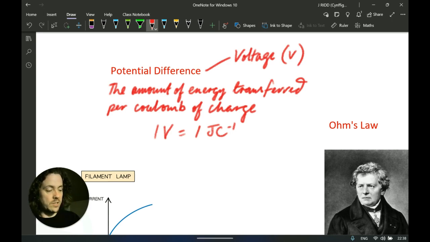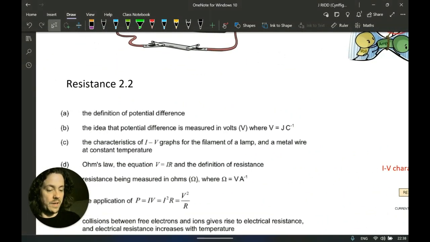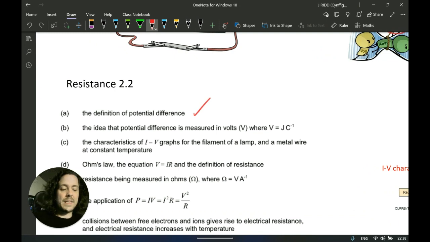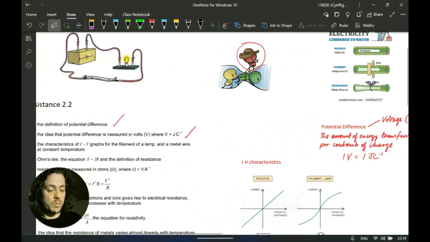Okay, so that's potential difference, and I think that will probably suffice as a definition. The idea that potential difference is measured in volts, where 1 volt is 1 joule per coulomb. I think we just covered that. Yeah, 1 joule per coulomb, that's fine.